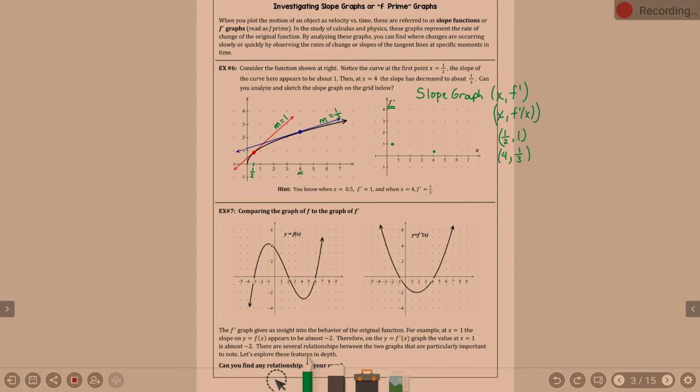Okay, so we did those two. It only gives us some idea of what the graph looks like. You can pick some other points to figure this out. As my x values get bigger, 5, 6, 7, and so on, what's the slope going to do?